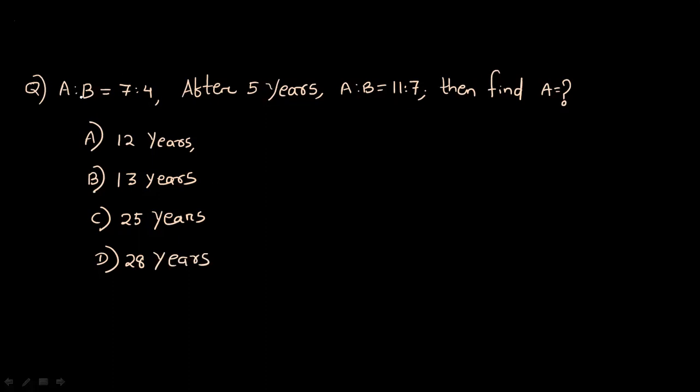The present age of A to B is 7:4. This is the current present age. I think this ratio and proportion you might have studied in CRT class. Present age of A to B is 7:4, and after 5 years, their age is 11:7. Then what is the present age of A?